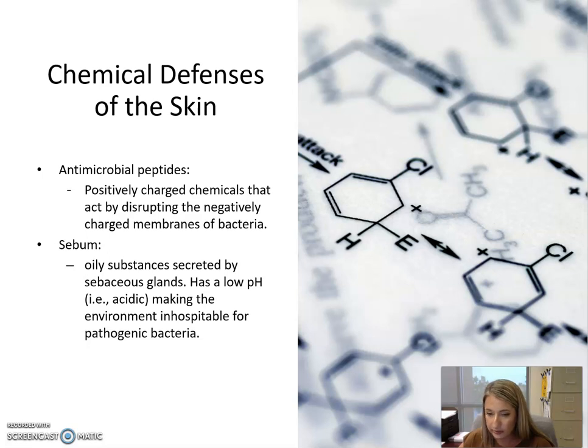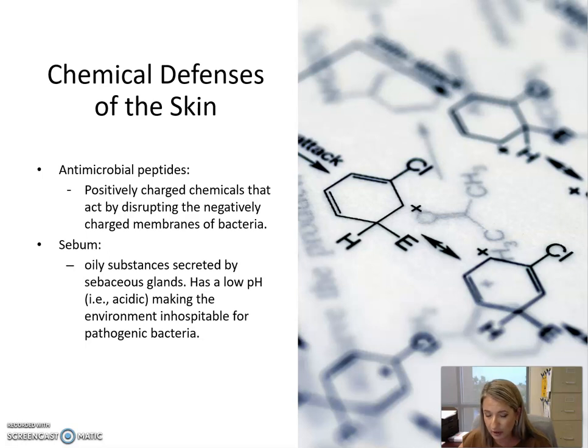Our skin also releases oils called sebum, and typically what happens is the good bacteria on your skin, the normal biota, will actually feed off of the skin oils, and when they do that, it causes acids to be released, and that gives your skin an overall acidic pH. Most microorganisms do not thrive in a low pH.